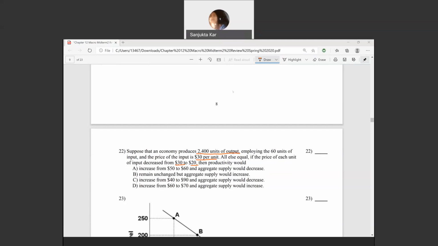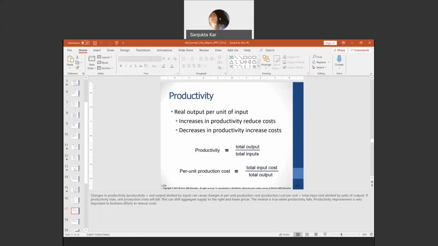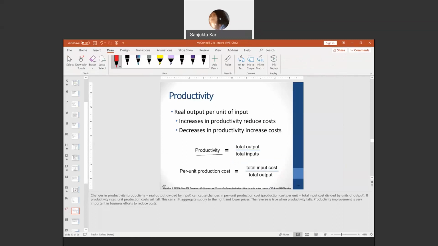So to answer this question, I want you to look at something else here. I'm going to share this PowerPoint file where it talks about productivity and per unit production costs. The formula for productivity is total output over total input, and per unit production cost is total input cost over total output.